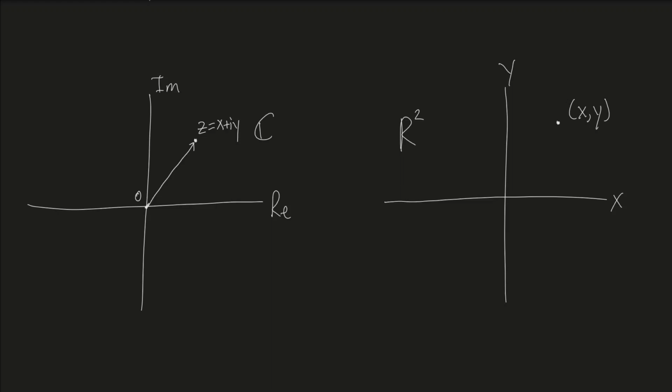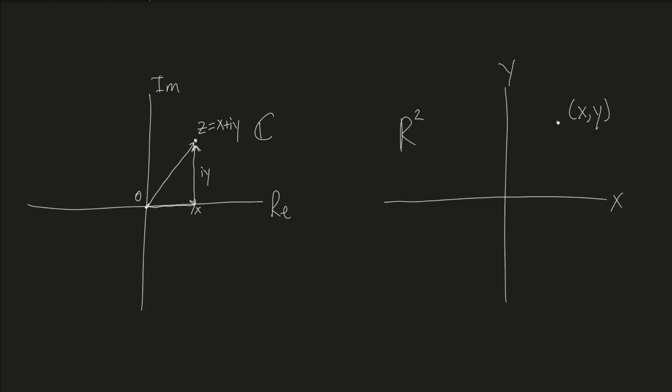And what we can also see is that we could have a vector going from 0 to the real number x, and then a vector here going up with length y, and this corresponds to iy, and then adding tip to tail gives us x plus iy, which is z. So you're familiar with this idea of basis vectors, and you have these two independent vectors corresponding to components of a vector.